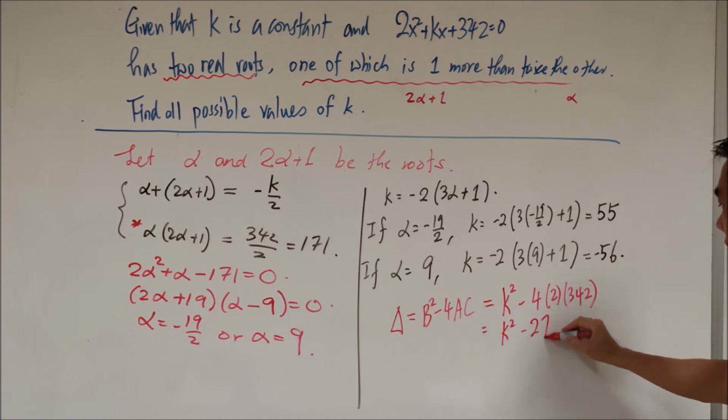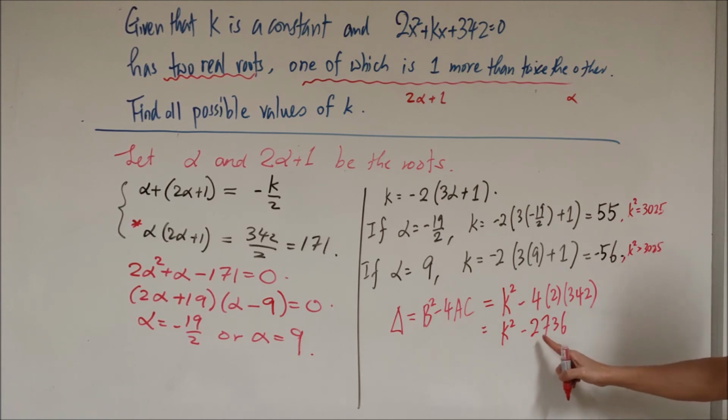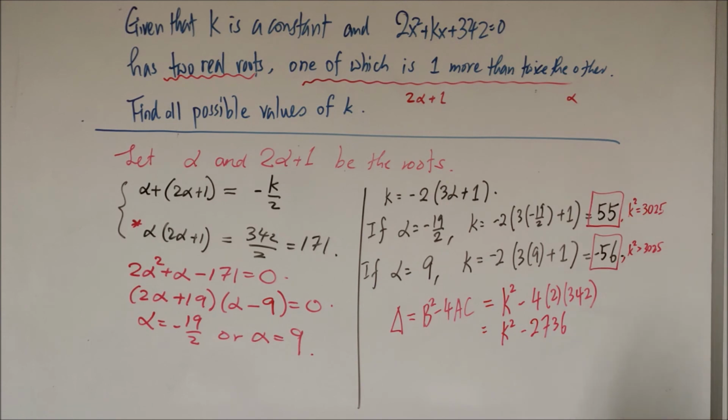This is 2736. And we can check that the k squared here is 3025, and the k squared here is more than 3025. Each of these is greater than 2736, and therefore these two are the possible values of k.